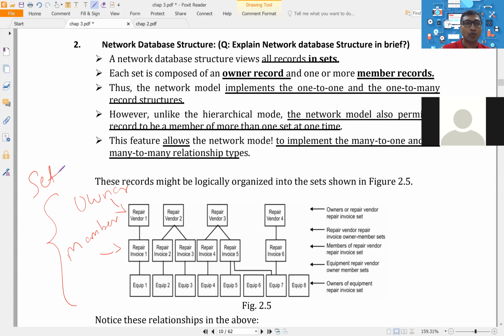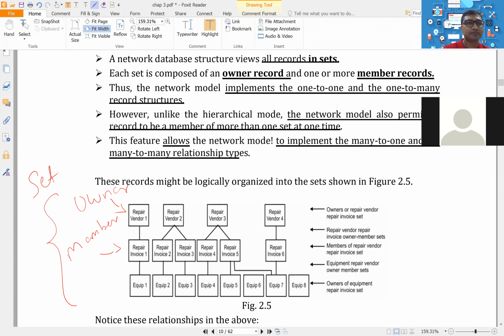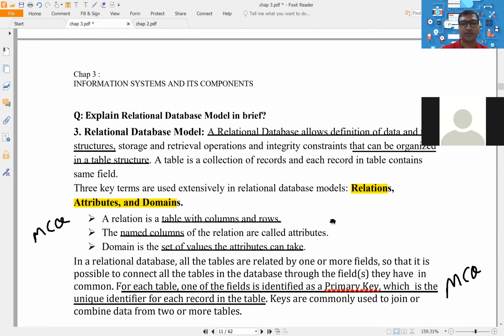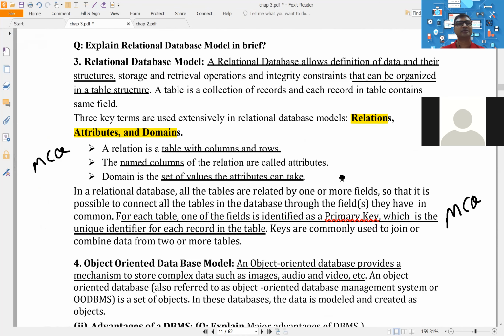Once we finished with network, we went for the most important part, which we actually use, the relational database model, which is nothing but table format. Remember these words: relation is nothing but a table, attributes are the columns and their headings, and domain is nothing but the constraints in the field.